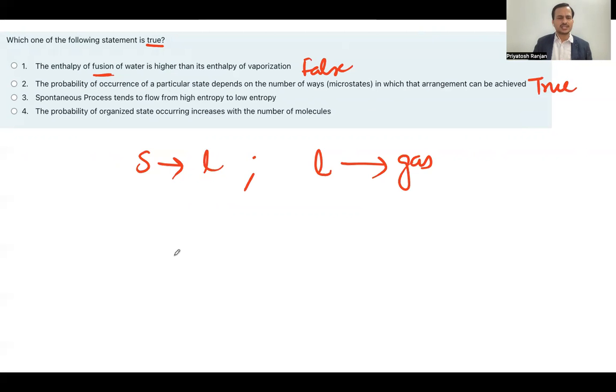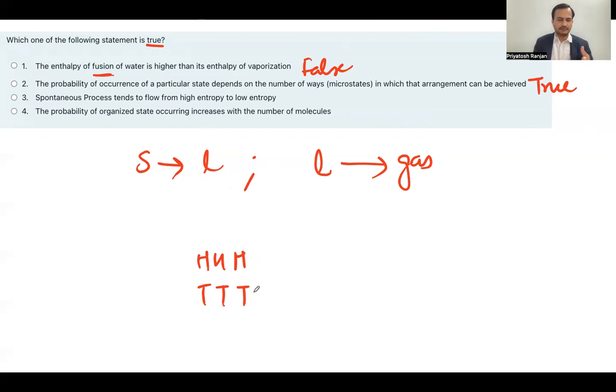Now consider a situation where you have three coins and you are flipping those three coins. There are several combinations which you can think of, like getting all three heads, getting all three tails. But I'm not talking about all the combinations, I'm rather saying the probability of occurrence of a particular state.